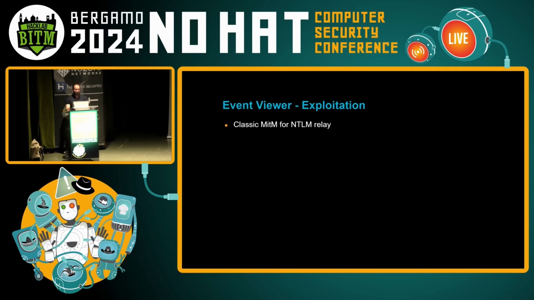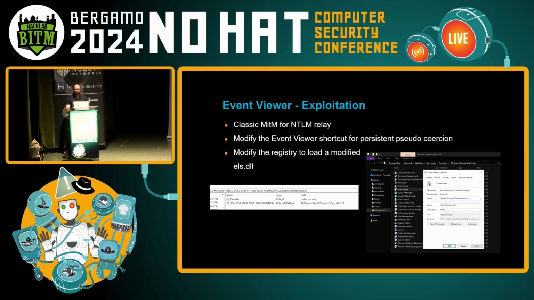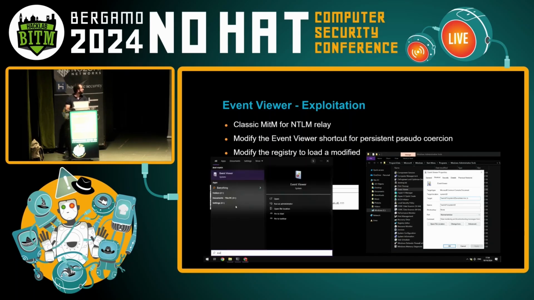So in terms of exploitation, we have the classic machine in the middle NTLM relay if someone uses it sometime in the organization. But we can also abuse a very cool trait of the fact that it's implemented over the management console: when you type event viewer on your machine, it's actually a shortcut.